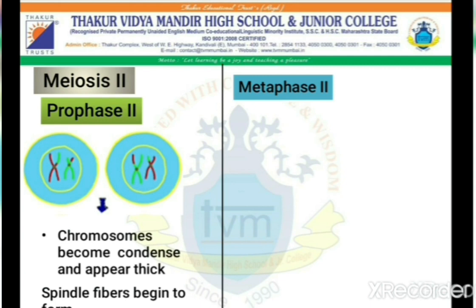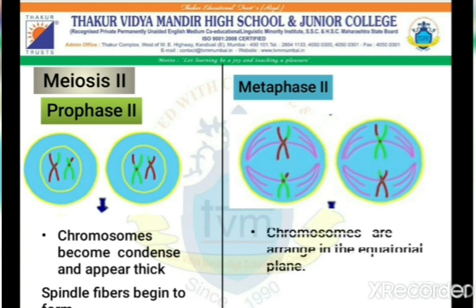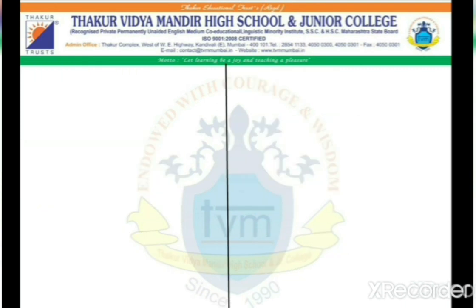The spindle fibers, which begin to form in prophase 2, help the chromosomes to arrange themselves in the equatorial plane. So the chromosomes are arranged in the equatorial plane. These chromosomes are used in the next stage called anaphase 2.